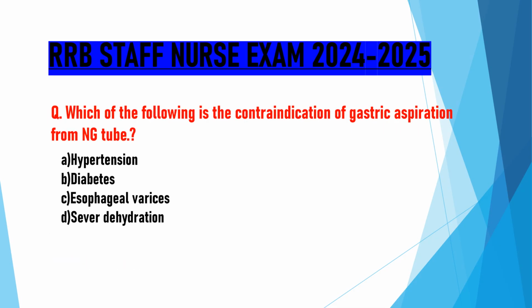Which of the following is the contraindication of gastric aspiration from NG tube? Options are hypertension, diabetes, esophageal varices, severe dehydration. So the answer is option C, esophageal varices.